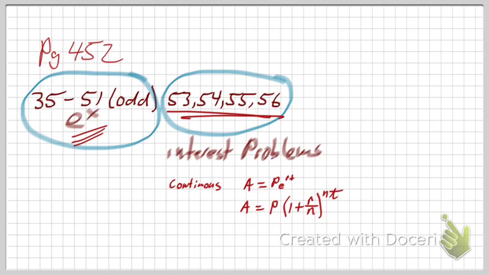Use the Pert equation for continuous, and this one you use for compounding over some time interval. The word to look for here is continuous.